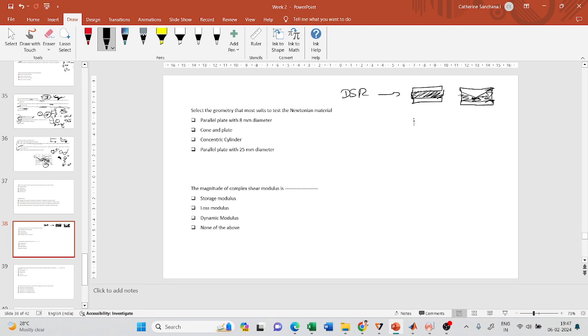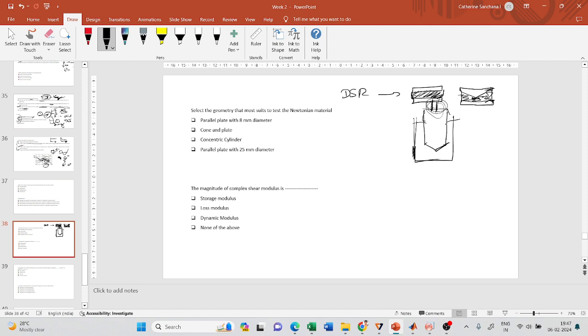And one more is a concentric cylinder, in which there will be a cup and a bob. So this helps in finding out the viscosity of the material. You apply rotation using this bob, and the cup remains stationary.